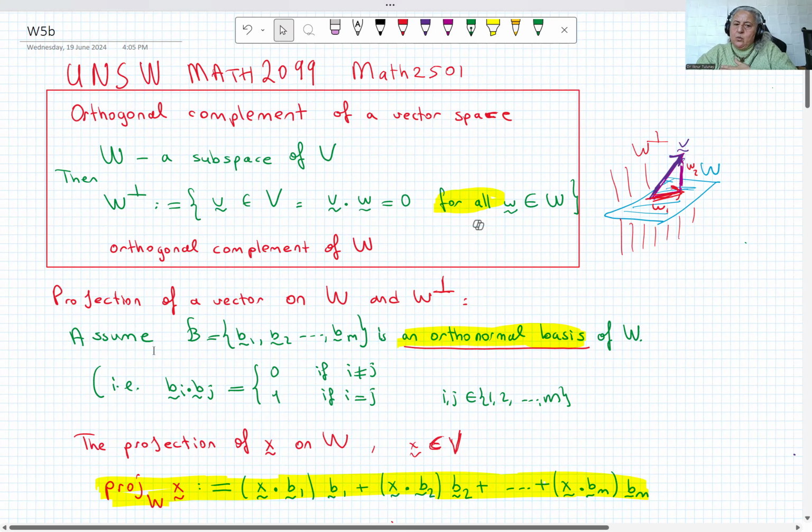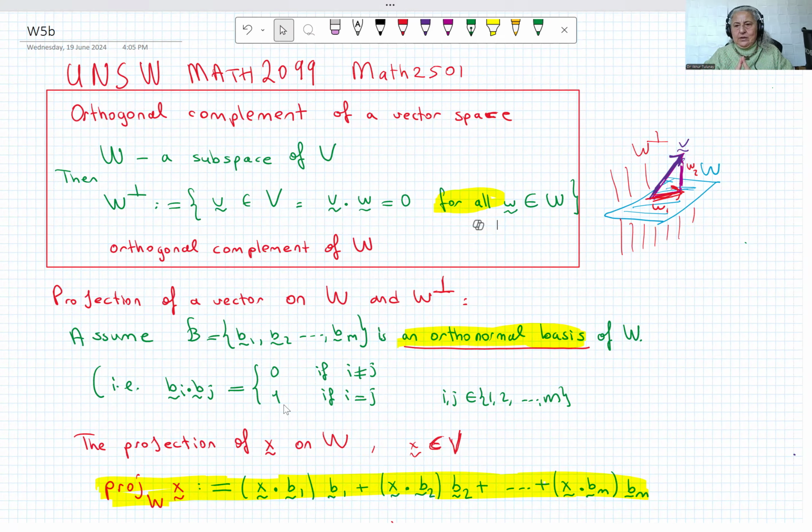Now assume we have a basis, whatever your dimension is, B1, B2, up to Bm. So this is an m-dimensional subspace, and this is an orthonormal basis. If you have an orthonormal basis, it means that if you take the dot product of any two different vectors, you will always get 0. If you take the dot product with itself, you will get 1, because the length of those vectors is 1.